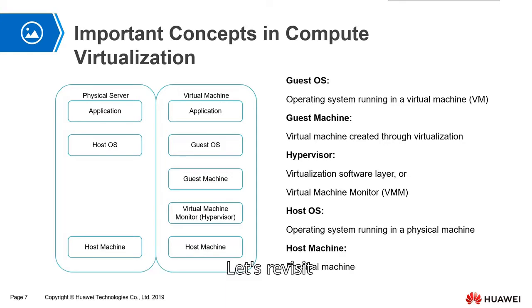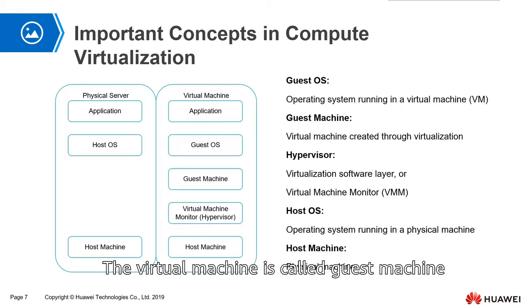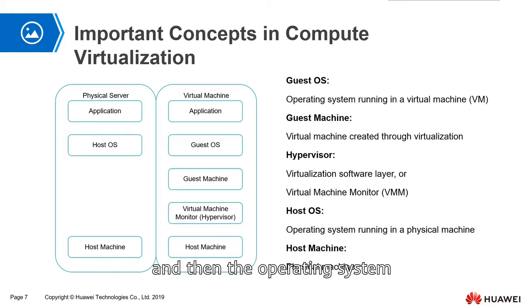Let's revisit. The real physical machine is called host machine. The operating system installed on the physical machine is called host OS. Then, the core of virtualization is hypervisor or VMM. And the virtual machine is called guest machine. And then the operating system installed in the virtual machine is called guest OS.